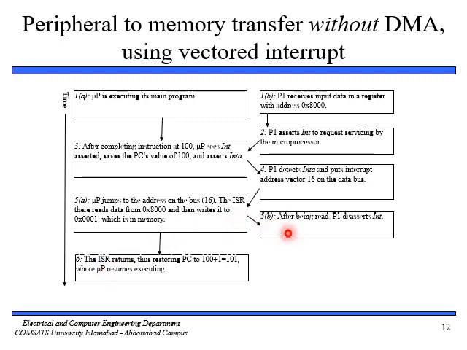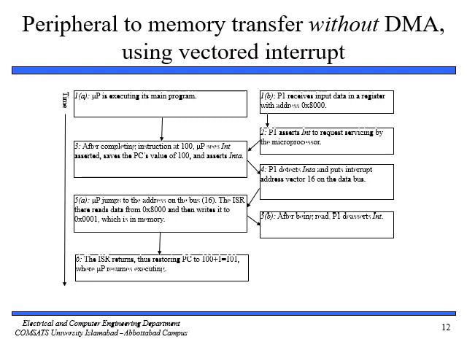Now in 5b, after being read, P1 deasserts, so we deassert this signal. In 6, the ISR returns, thus restoring PC to 100 plus 1, which is 101, where the microprocessor resumes executing. So you can see it would require almost 6 cycles in case of no DMA.